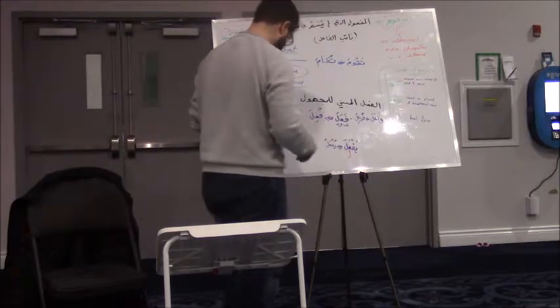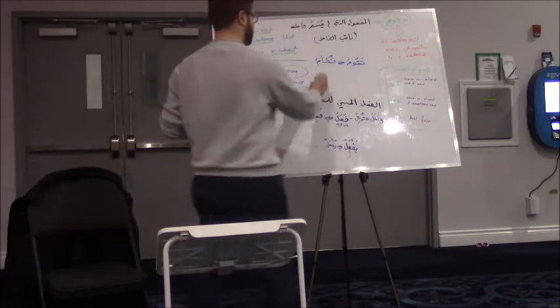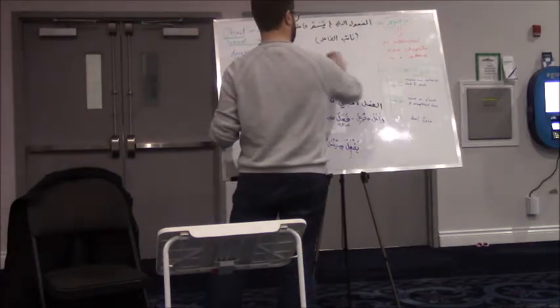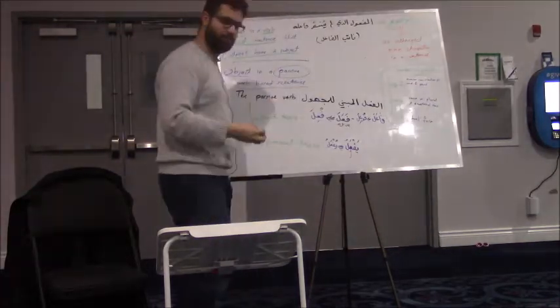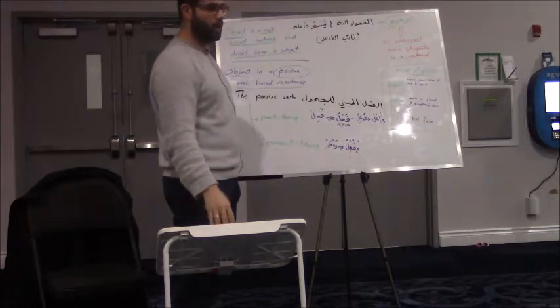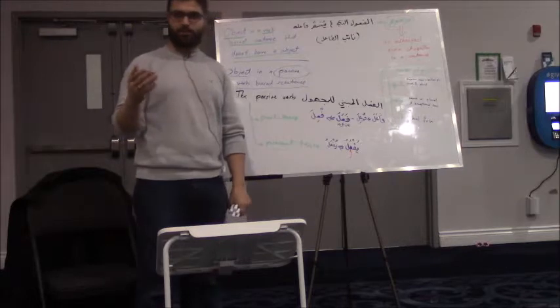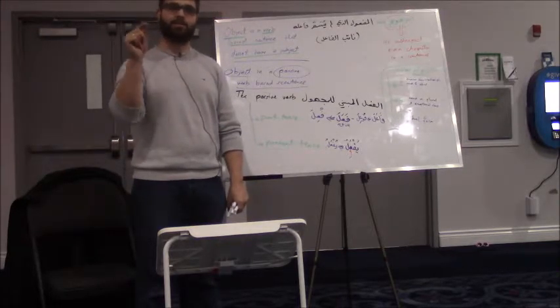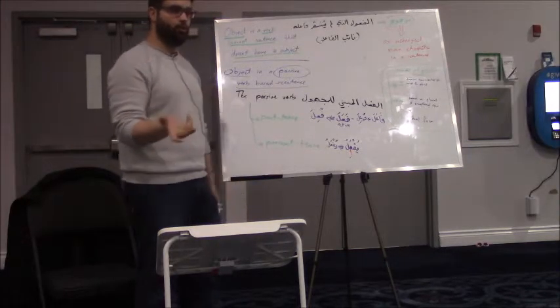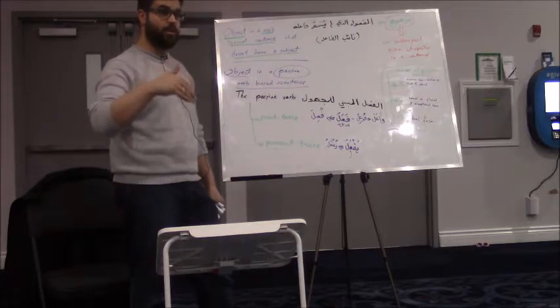Right? Okay. These are issues of derivatives. This is sarf. It's not important that you know all about it. I just want you to be able to mildly recognize a passive verb when you see one, so that you know that what you're going to find after it is not a subject.